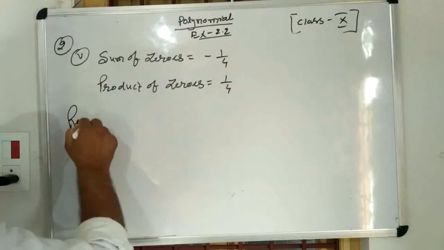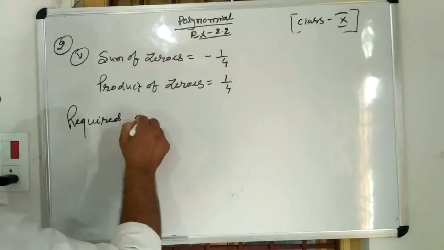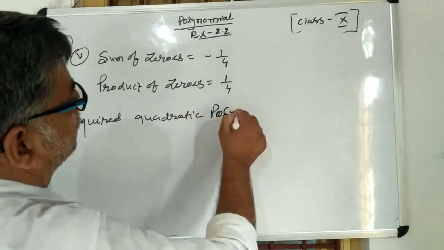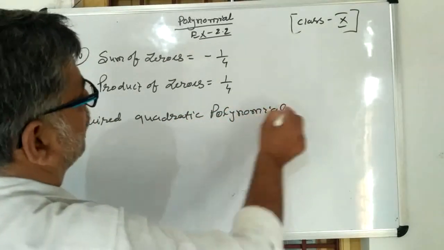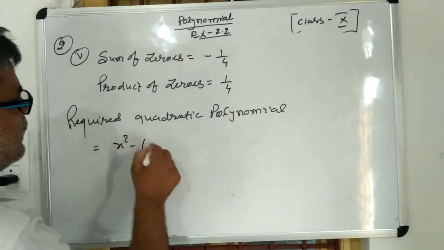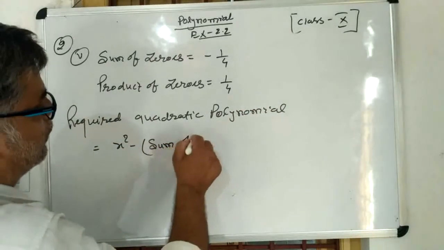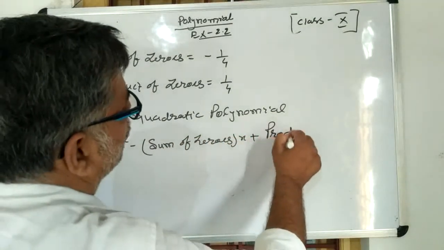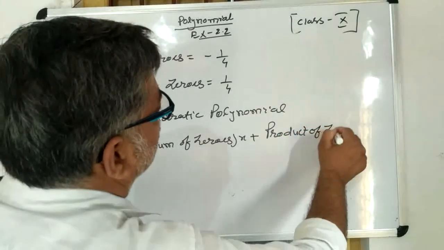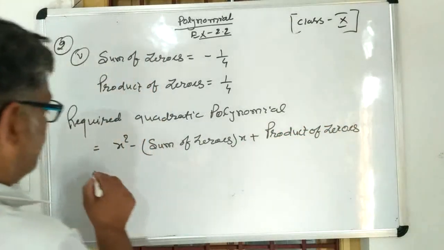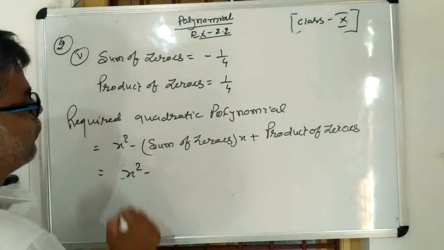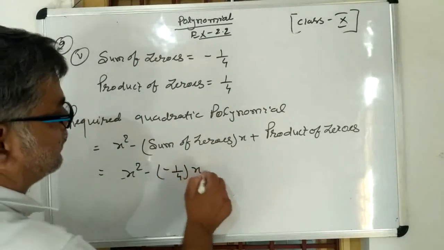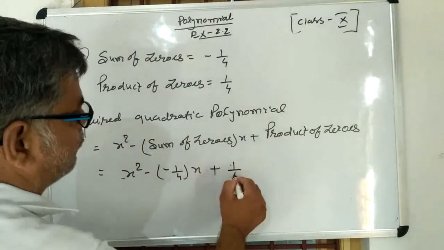So the required quadratic polynomial equals x square minus sum of zeros into x plus product of zeros. Putting in this formula, it will be x square minus minus 1 by 4 into x plus product of zeros, 1 by 4.